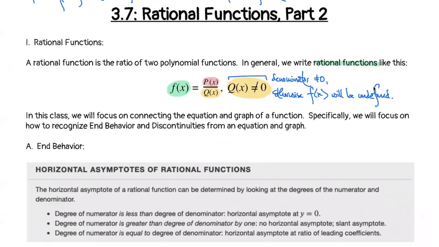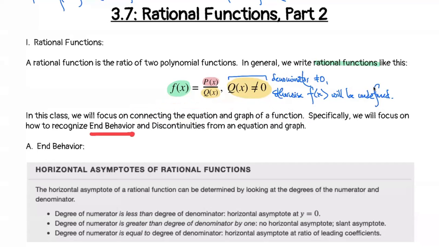In this class, what we're going to focus on is figuring out how to connect the equations and the graph. Meaning, here's an equation: how could we guess what the graph is going to look like? But also, here's a graph: can we figure out the equation it came from? More specifically, as you're studying, you really want to think about two vocabulary terms.